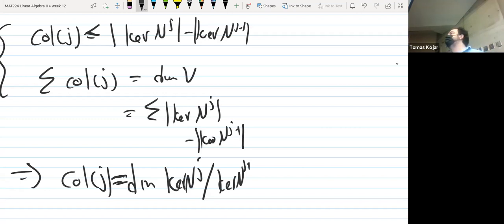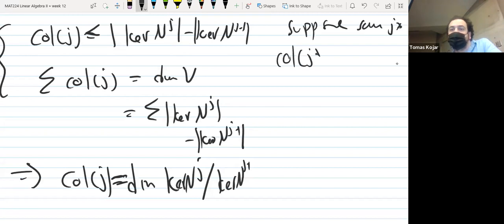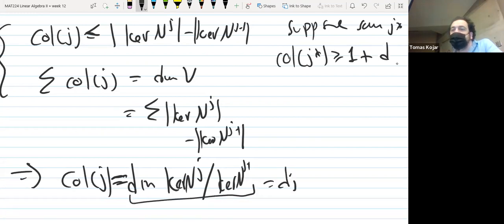Let me say it's by contradiction. Suppose there was one that goes the other way. Suppose you have some j star so that the column of j star is strictly less than d_j star, the difference of dimensions. So there's at least one.